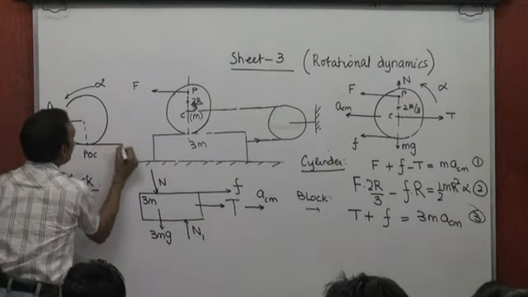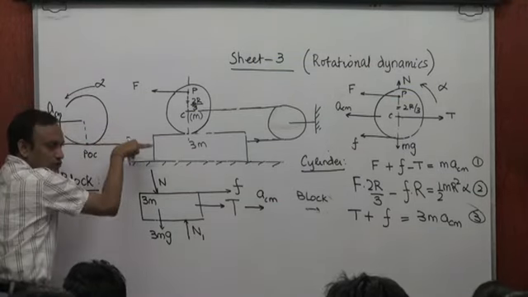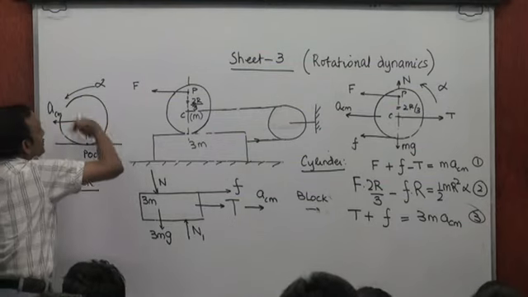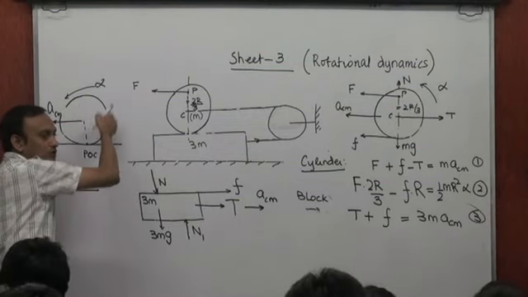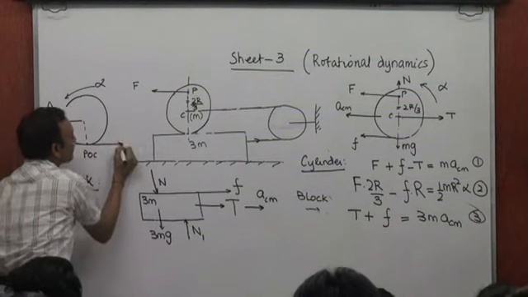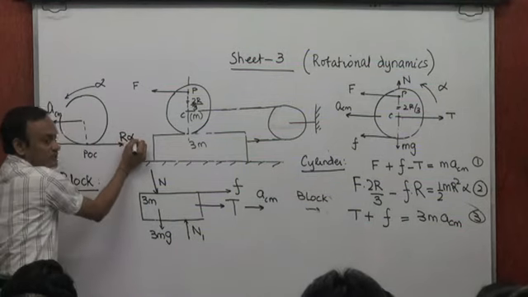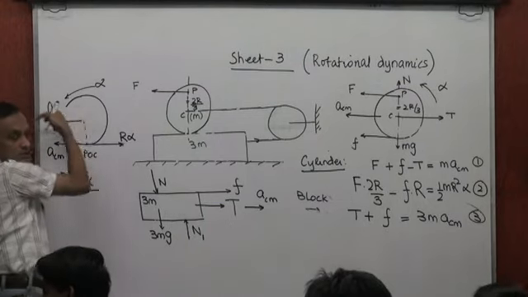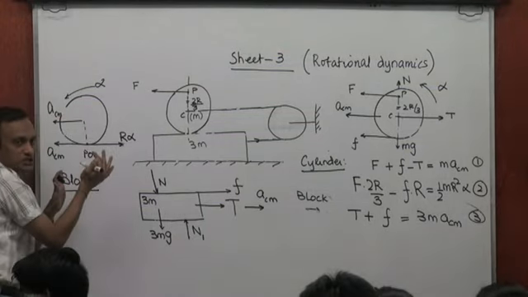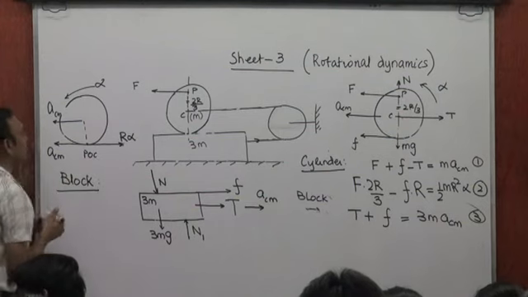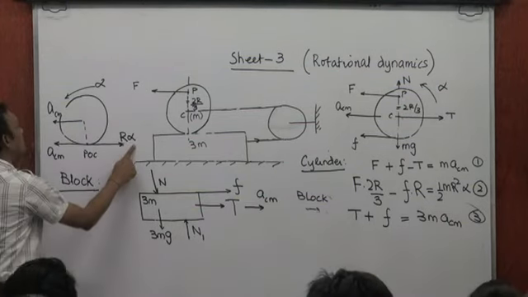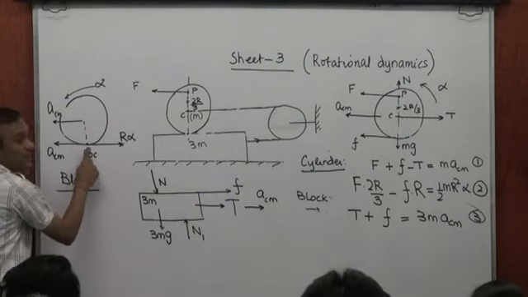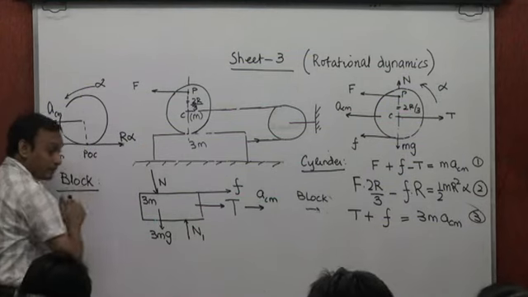The point of contact has a R alpha to the right because of tangential. Imagine it to be in a state of pure rotation with angular acceleration alpha. And it's going to have R alpha rightwards and it's going to have ACM leftwards, superimposing pure translation with pure rotation, right? ACM leftwards. And that leads to R alpha minus ACM as the net velocity of the point of contact to the right, right?